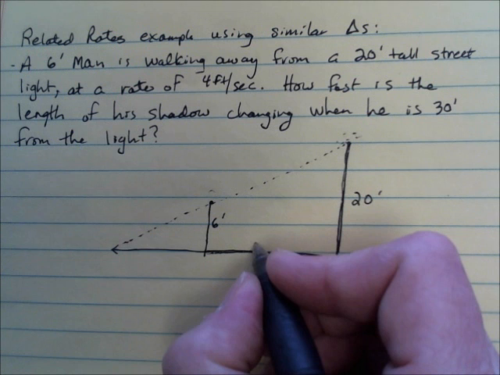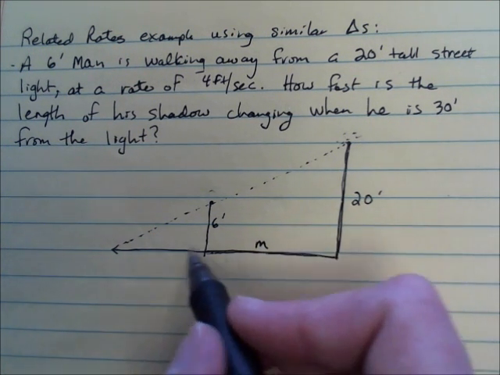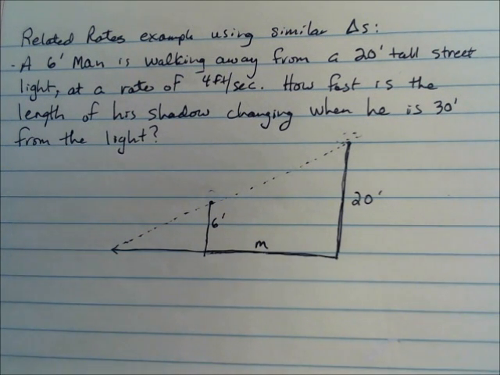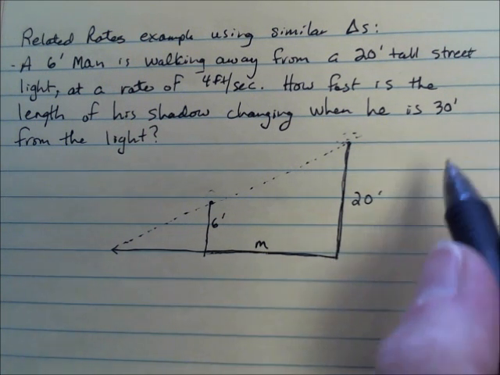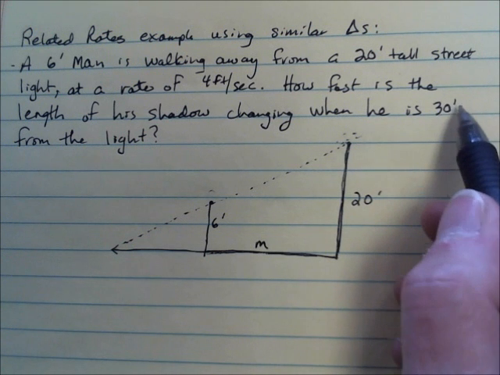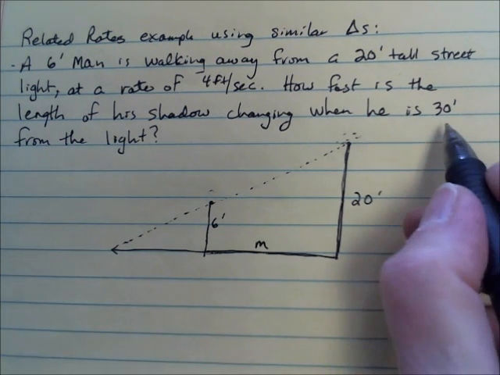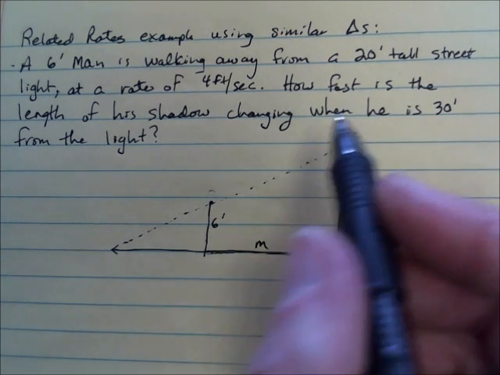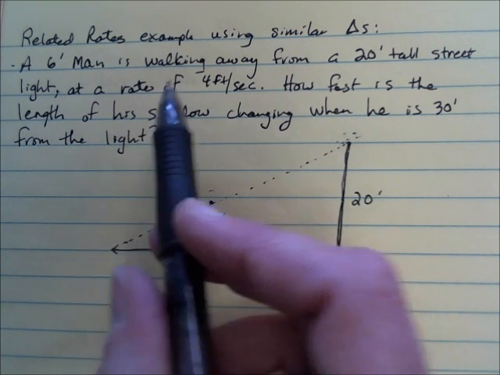I think I'm going to call this distance m for man, or you can call it x if you want, but we actually have two x variables here. So I'll just call this m for man. And we don't know what this distance is going to be 30 feet after we get done taking the derivative of whatever formula we come up with. So we'll be plugging in that later. So what we're given here is that dm/dt is equal to 4 feet per second.